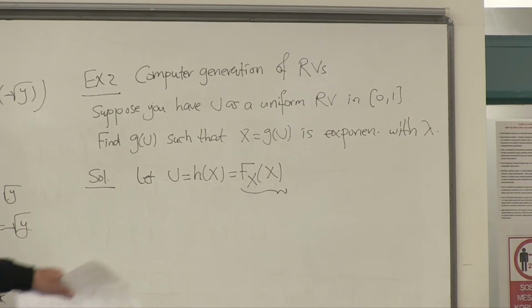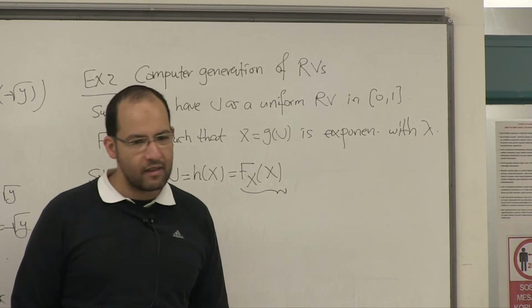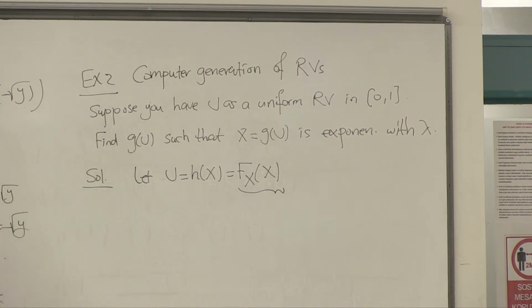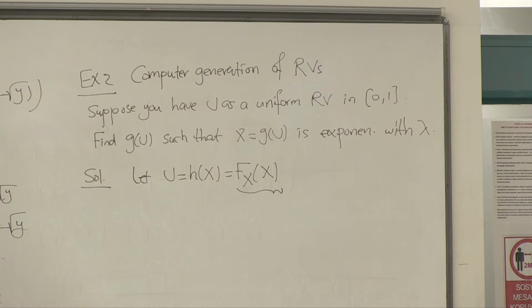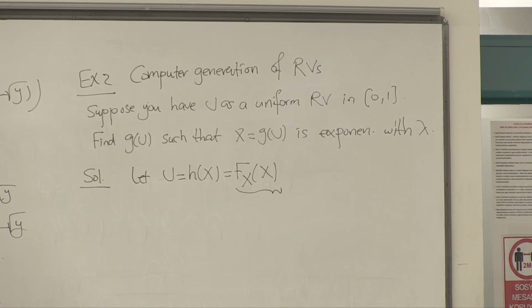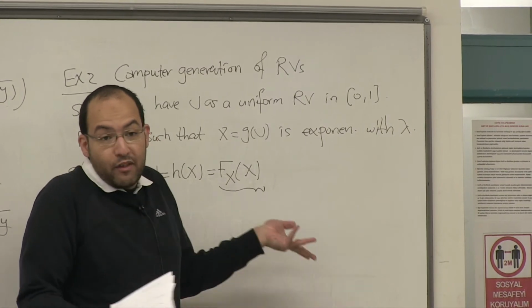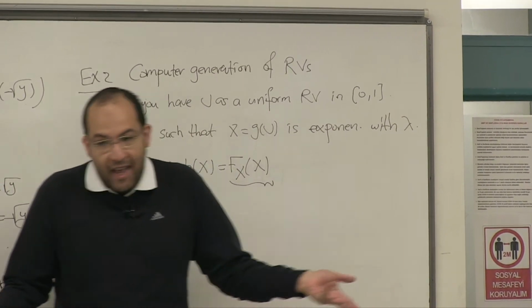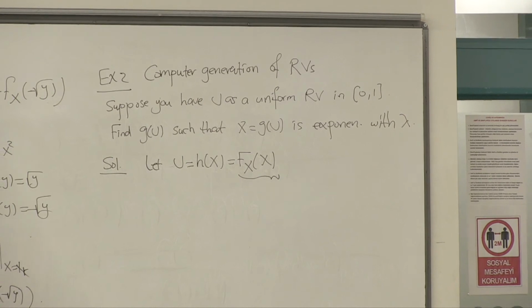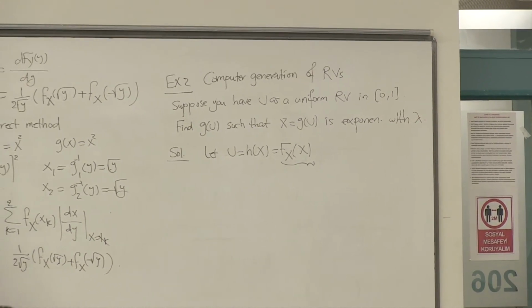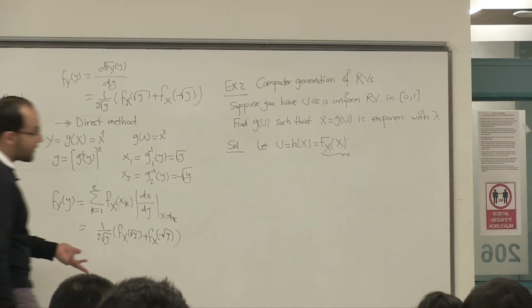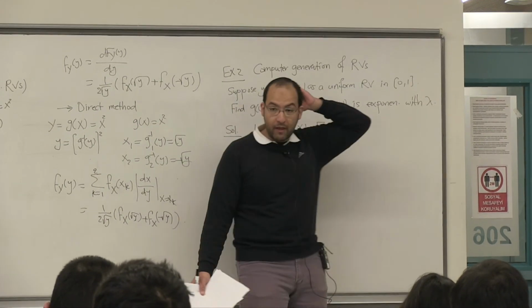What is F_X of capital X? Exactly, right? So that is a function of the random variable. You take the CDF as a function. It's just a function, and you use the variable of the function to be your own random variable, right?